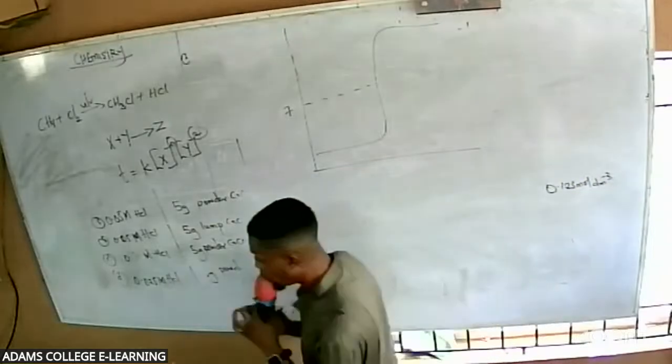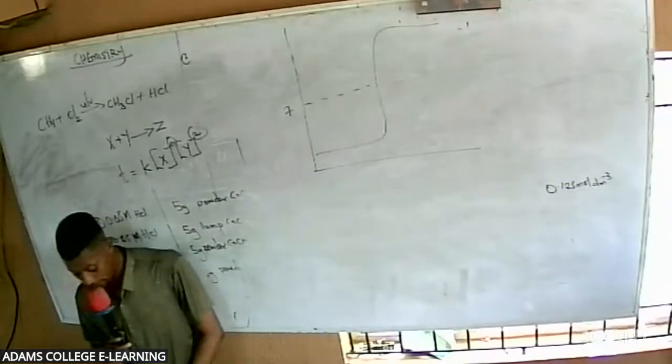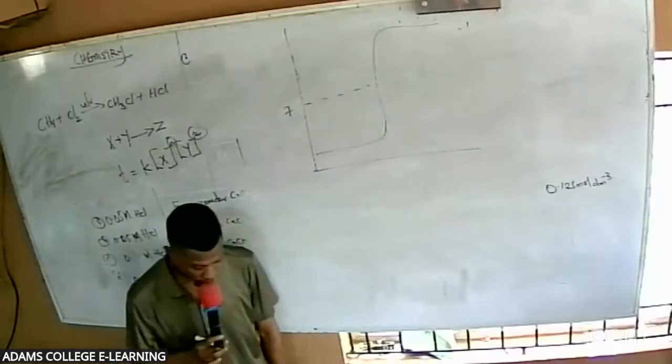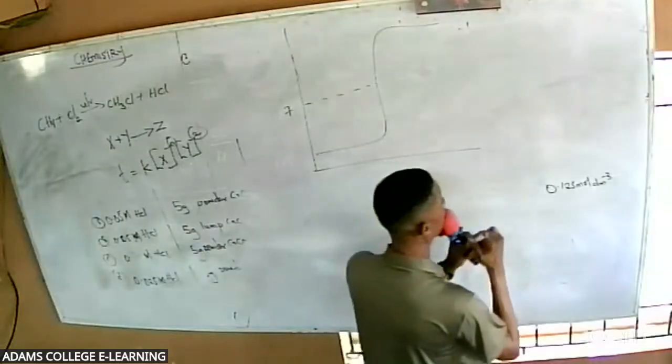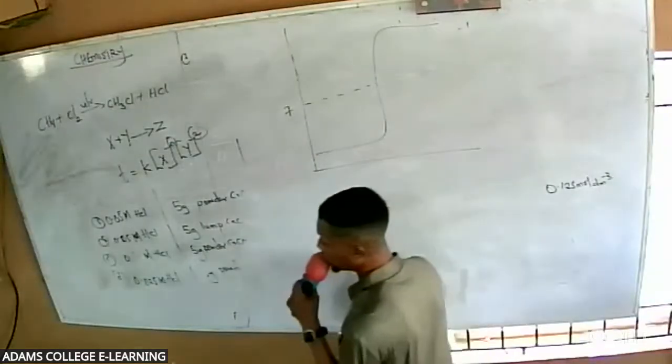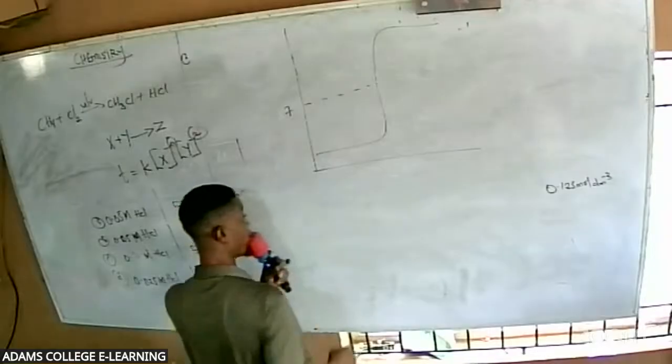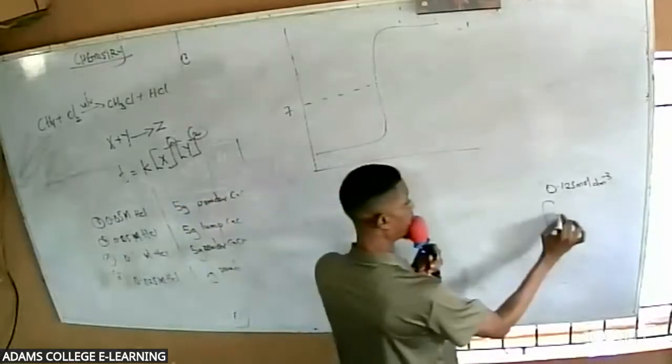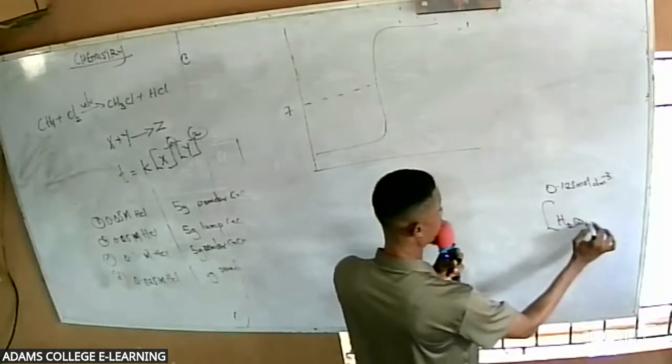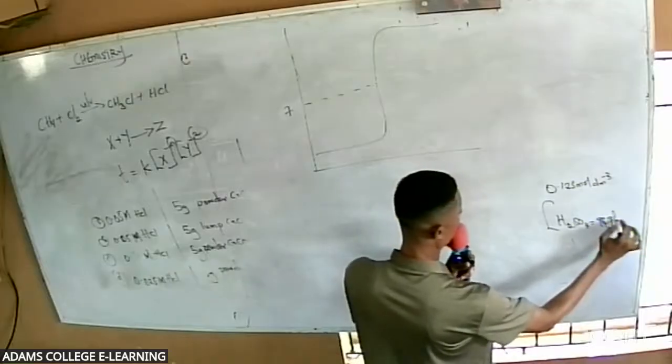Full stop. Calculate the mass concentration of H2SO4. Then open in brackets, H2SO4 is equal to 98 gram per mole.